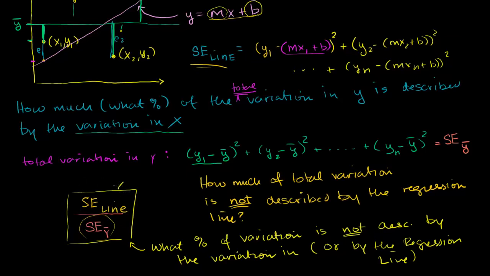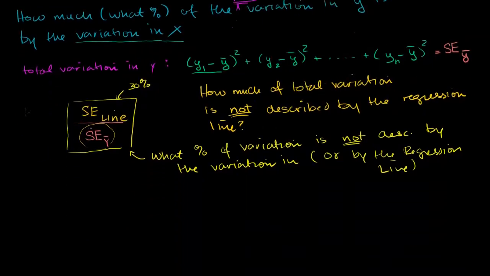So if this number right here is, I don't know, 30%, if 30% of the variation in y is not described by the line, then the remainder will be described by the line. So we could essentially just subtract this from 1. So if we take 1 minus the squared error between our data points and the line over the squared error between the y's and the mean y, we now have a percentage.